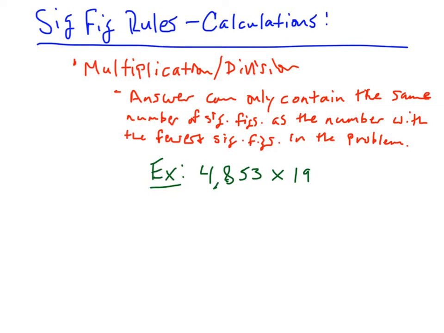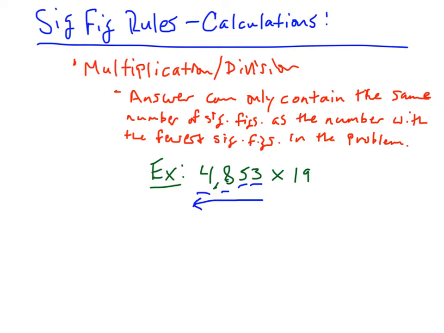Let's do a quick review, applying the rule that we learned last time. There is no decimal in that number, so we'll start on the right-hand side, find the first non-zero digit, which would be 3, count that, and everything after that moving from right to left. So that one has 4 sig figs. Now let's check 19.